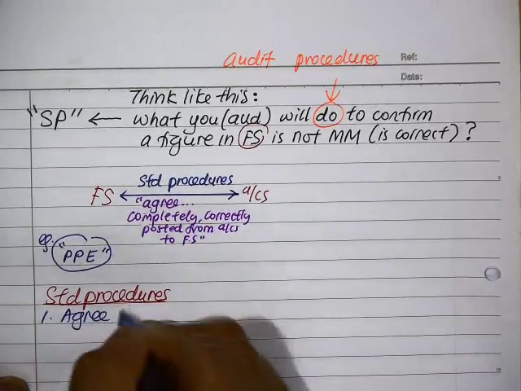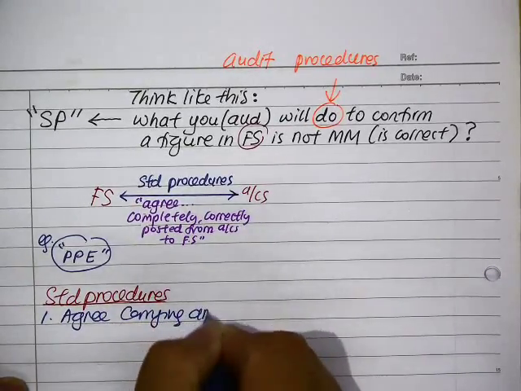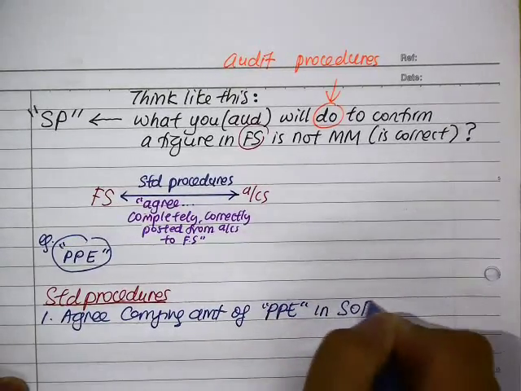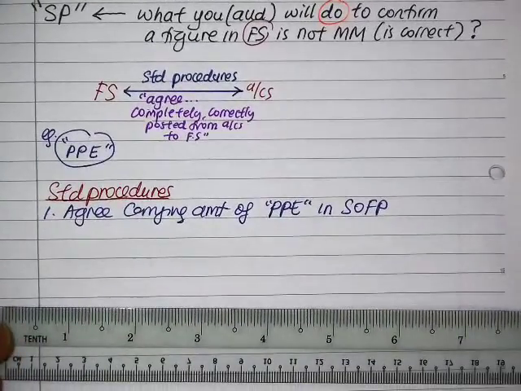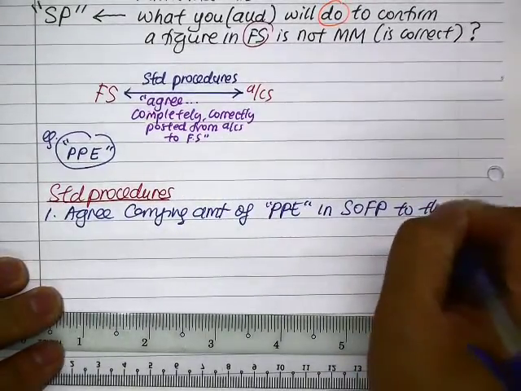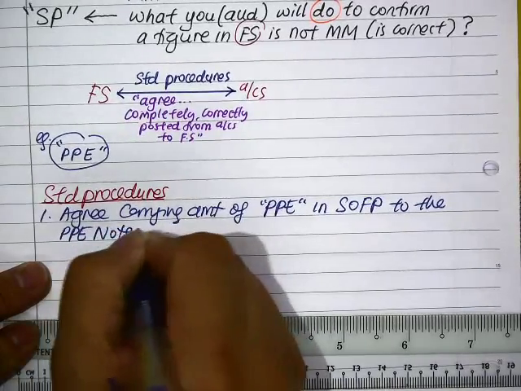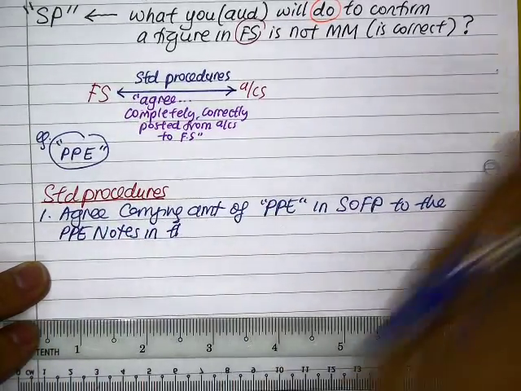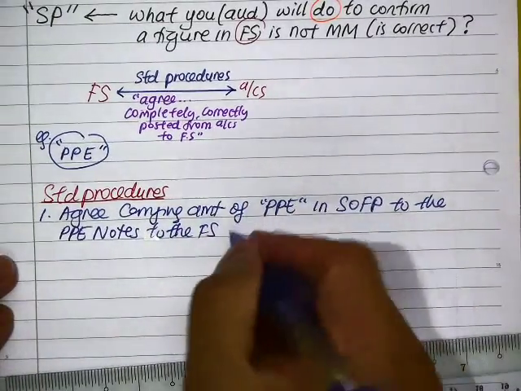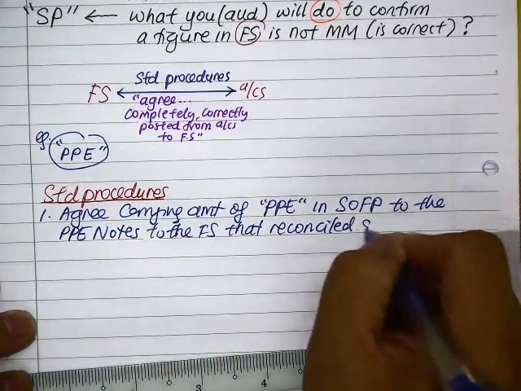I must agree the carrying amount of my, let's say, PPE in the statement of financial position to the PPE note to the financial statements that reconcile such amount.